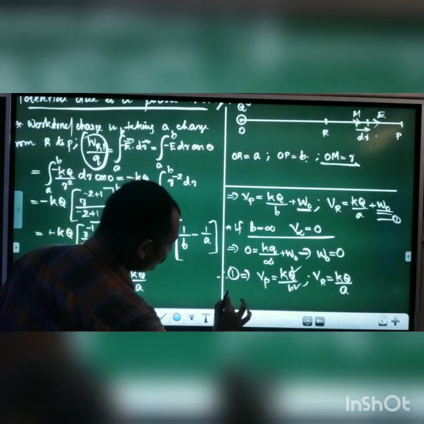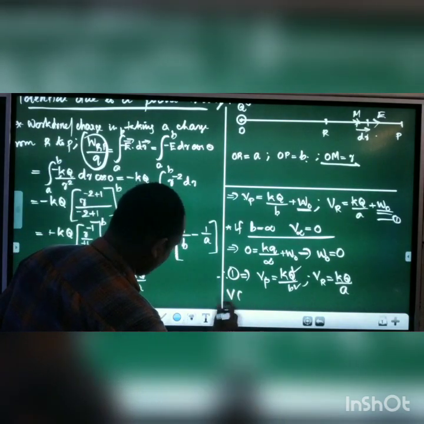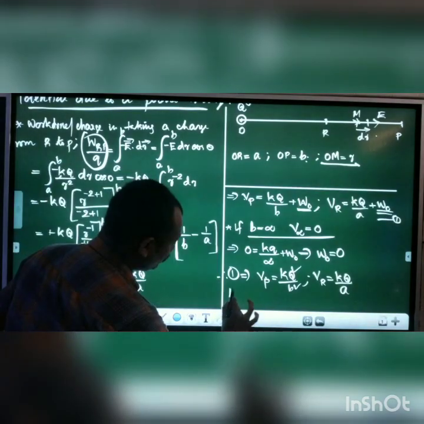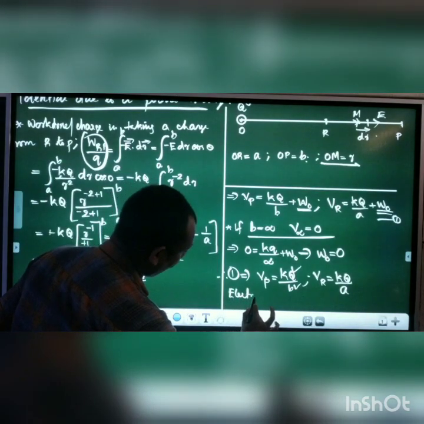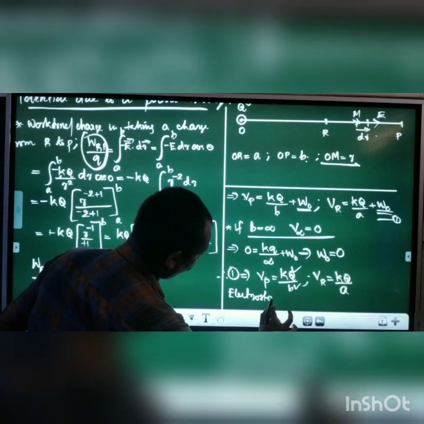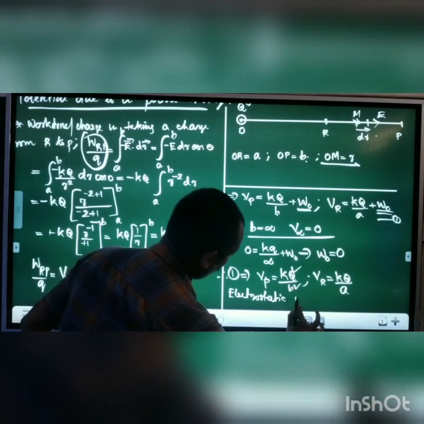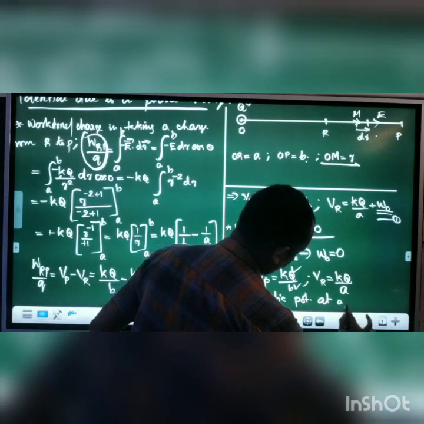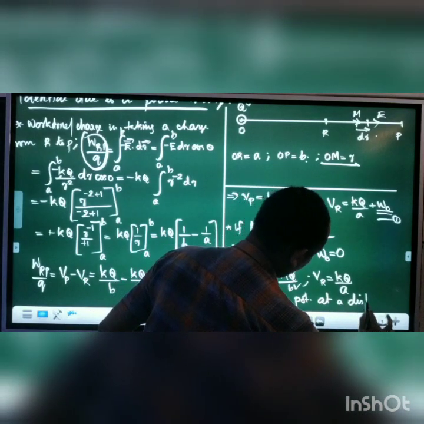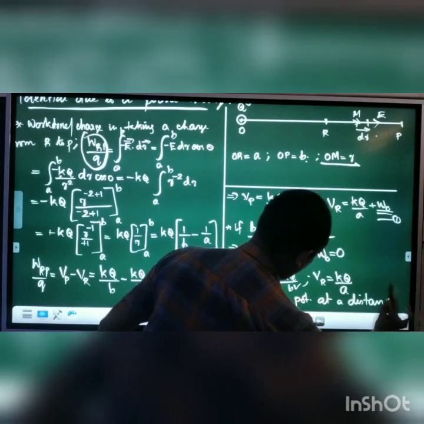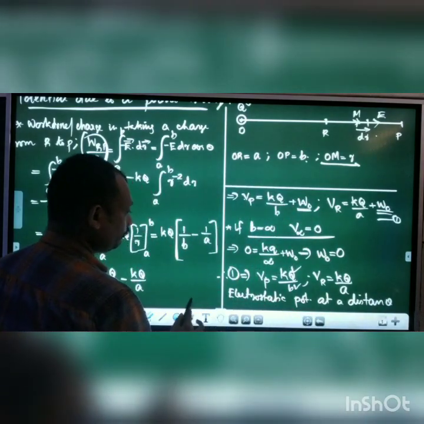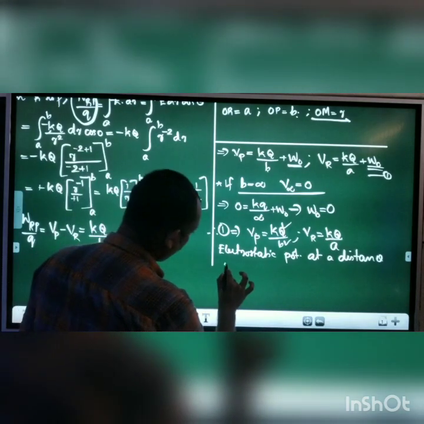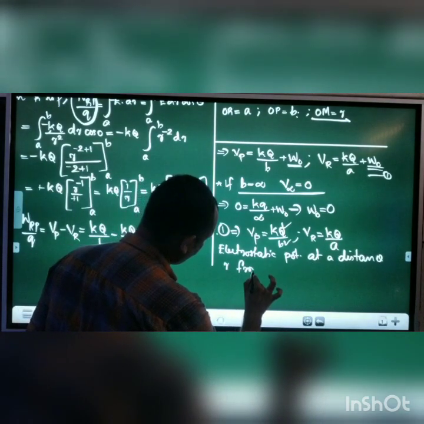What is the electrostatic potential at a distance r from the source?